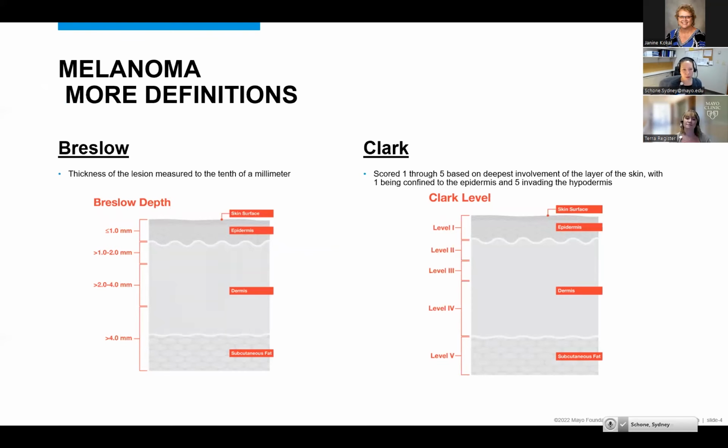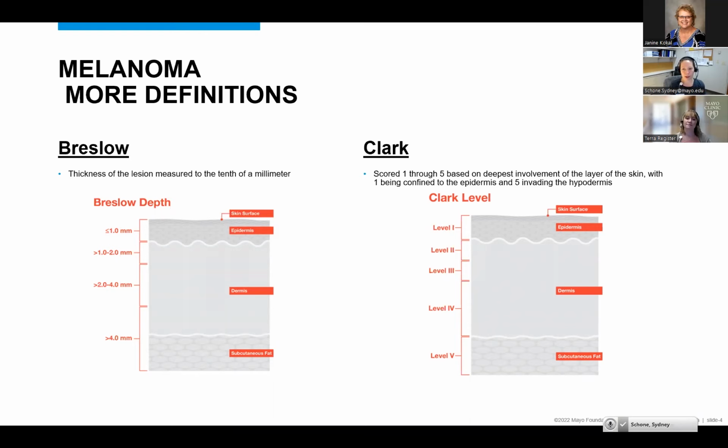There are multiple definitions of melanoma, and I think that is where there can be some confusion as to the stage and grading of melanoma. So I'm going to review a few types of stages that you may or may not have seen in the literature. The Breslow staging is the thickness of the lesion measured to the 10th of a millimeter, and you can see here how that's displayed.